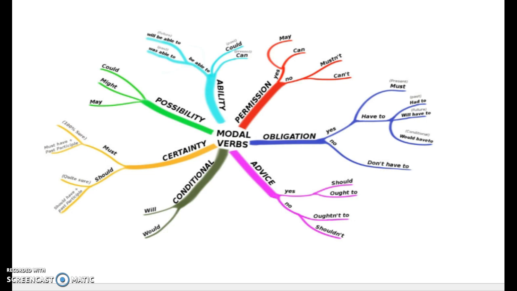Here in this C-map, you have the different ways that modal verbs can be used. And you can see that you have possibilities, certainty, conditional, advice, obligation. You have a lot of different ways that they can be used. So look through it, look at it well, and see how they are used.